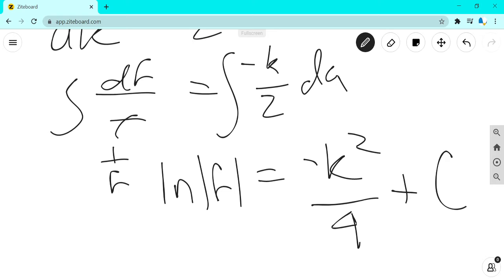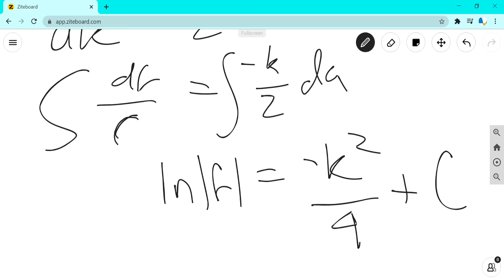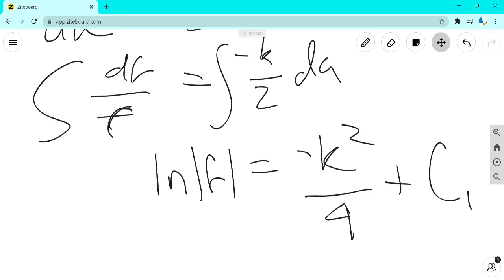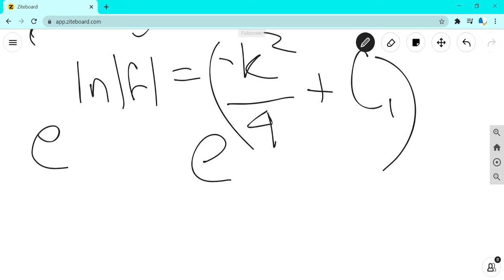Because this is a long integral, you're probably going to find some other constants, so we're going to call this C1. Based on this, we can do e to both of these.